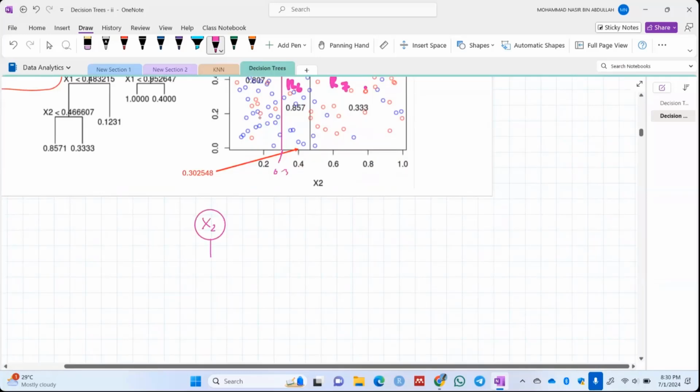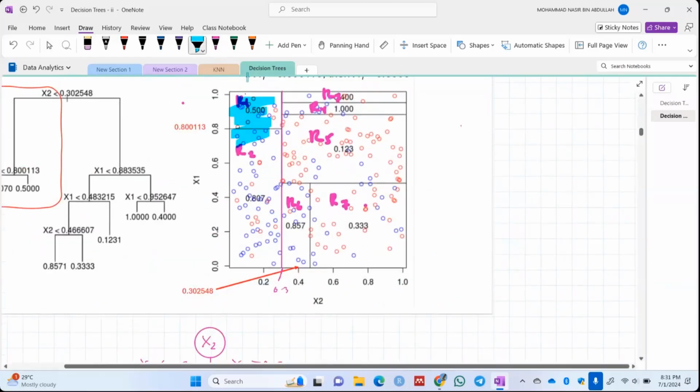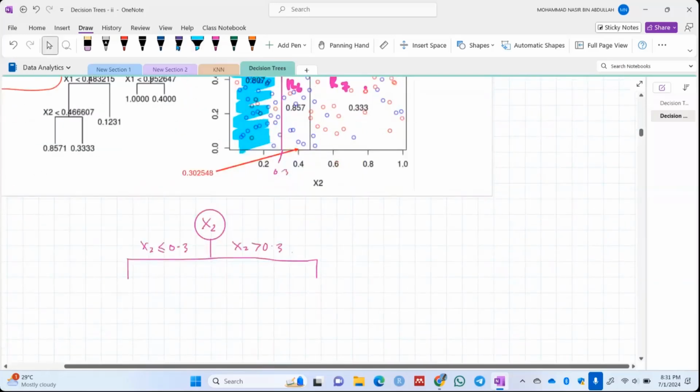X2 can be split into two regions, where X2 is less than or equal to 0.3 and X2 is more than 0.3, right?